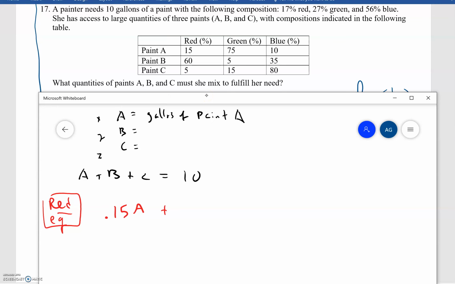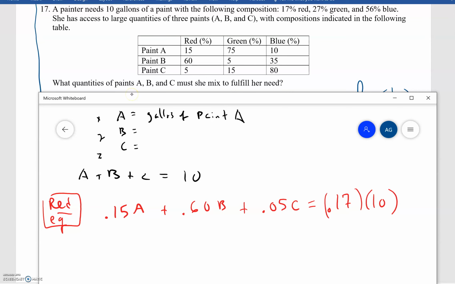Well, 60% of it is red, so that's 0.60 of B. How much of paint C is red? Well, just 5%, so that's 0.05 of C. And altogether that should make 17% of the 10 gallons. So that's going to be my red equation.